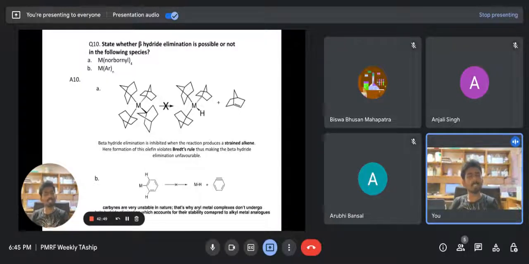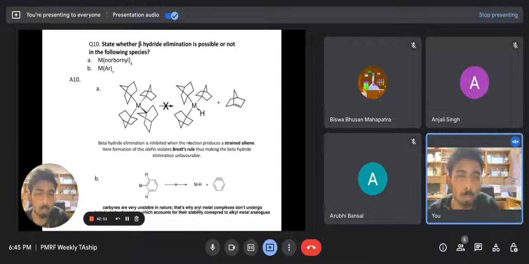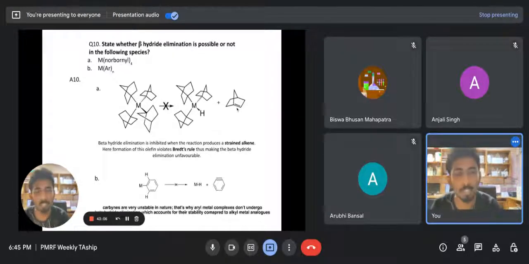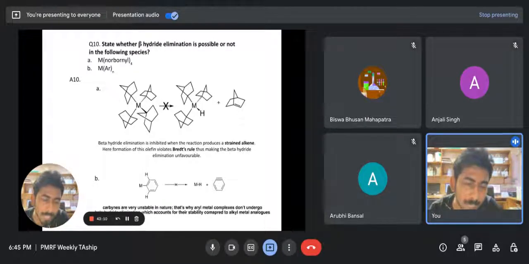Bredt's rule states that it does not allow any planarity at the bridgehead position of a norbornyl group or any other group which has a bridgehead position. Bridgehead is this position, this position, this position. These are not bridgehead positions. So why does Bredt's rule state that there cannot be any planarity at the bridgehead position?